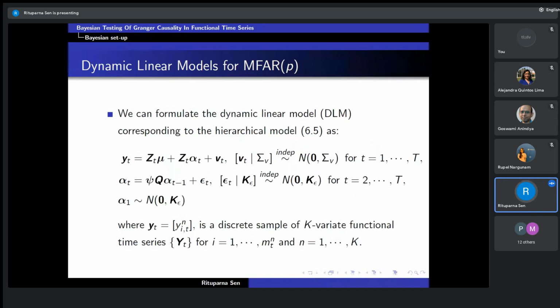So Y_t is Z_t mu plus, I'm writing this as a big vector appending Y1 and then Y2 and so on. So Y_t is Z_t mu plus Z_t alpha_t plus V_t, and V_t are independent normals.